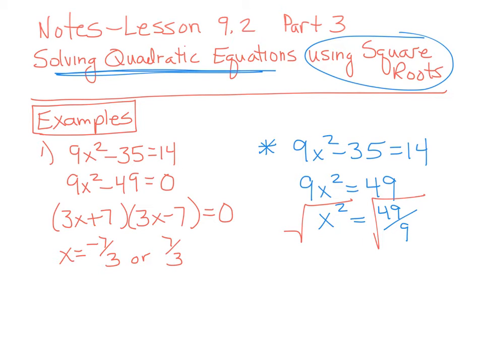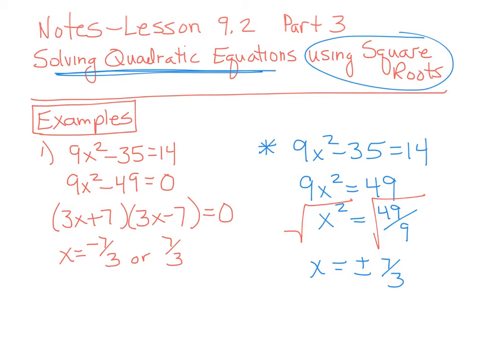And what you would get would be x would equal plus or minus, that's the part most kids forget, plus or minus. And on this one it would be, let's see here, the square root of 49 is 7 and the square root of 9 is 3. So it would be plus or minus 7/3.